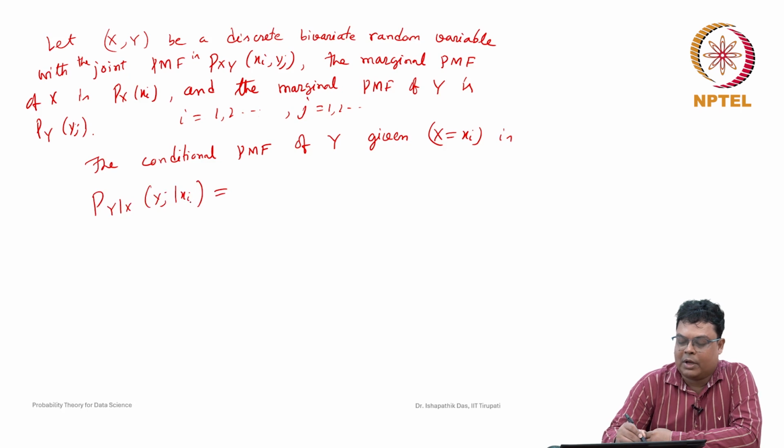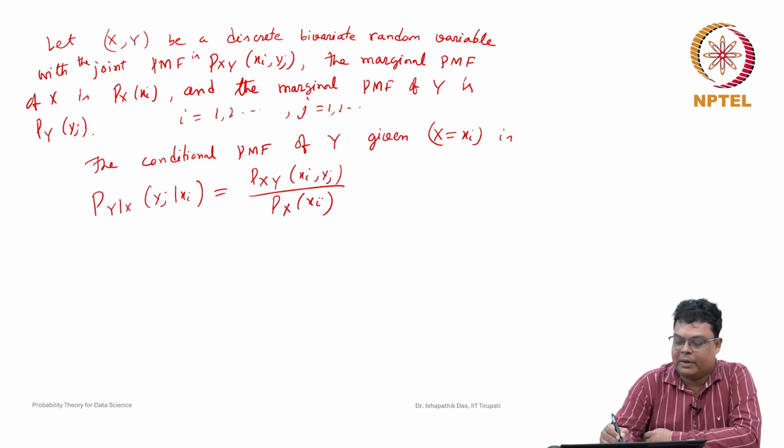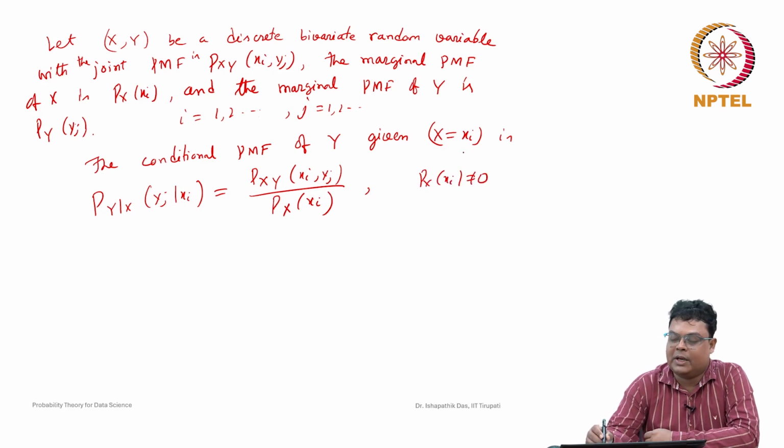So for any values of yj in the range and particular values of xi, this is defined as pxy of xi yj by px of xi, because it is Y given X. We assume here that px of xi should not be equal to 0, that is, xi should be in the range of X. In that case only px of xi is not equal to 0. So this is the conditional probability mass function.